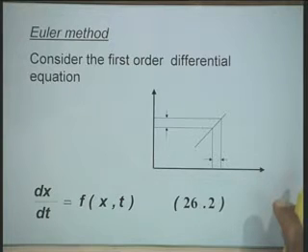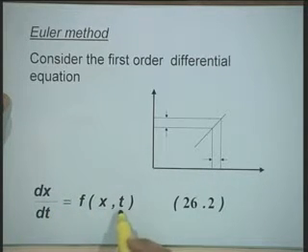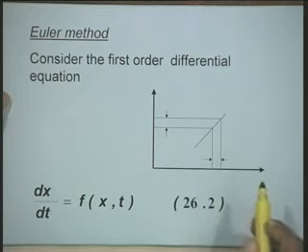The Euler method is the simplest of all the methods, and let us consider a scalar system. That is, we have only one unknown to be solved. To understand the Euler technique, we will start first with the scalar differential equation, that is dx by dt equal to f of x, t, where x is a scalar.